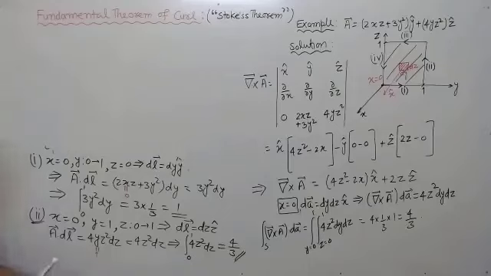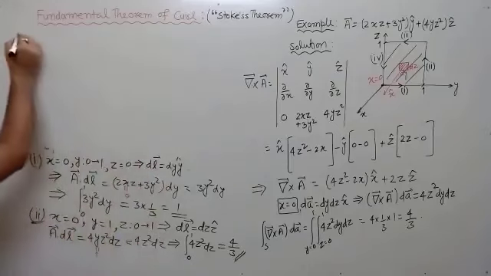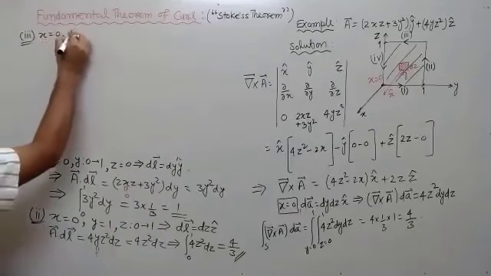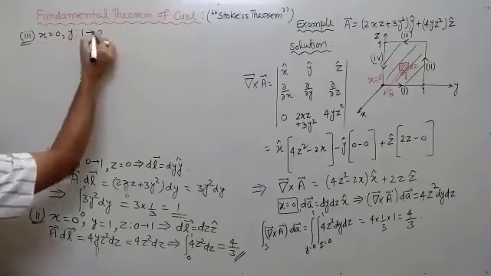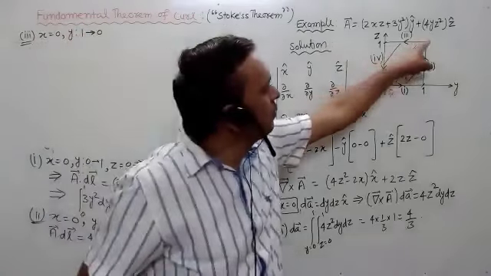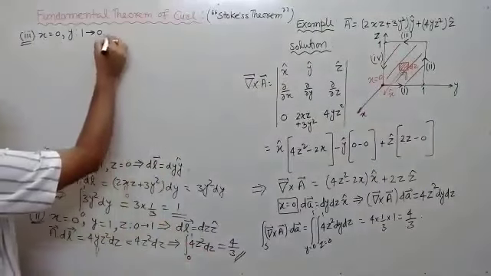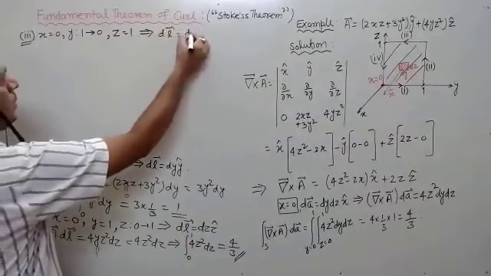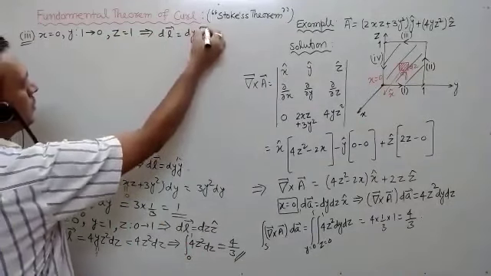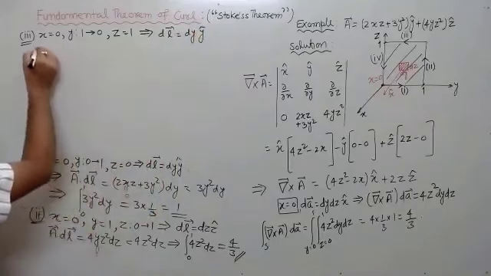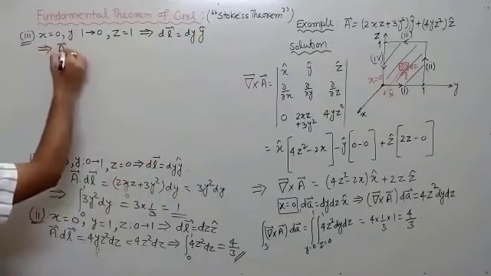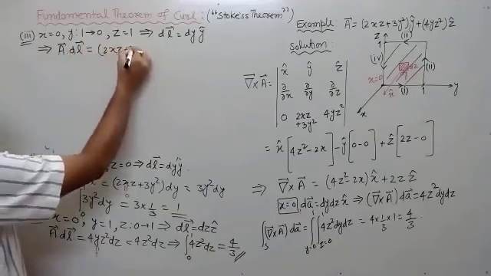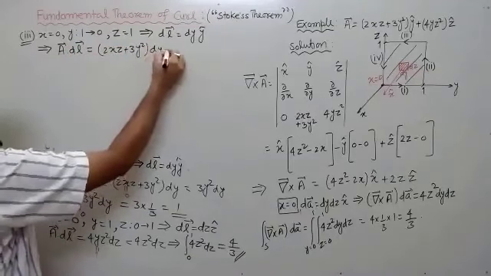So let us calculate along segments 3 and 4. Segment 3: again x is 0. Now y varies from 1 to 0, and z is 1. So dl is simply dy y cap, because dx and dz will be 0. What will be A dot dl? 2xz plus 3y square dy.